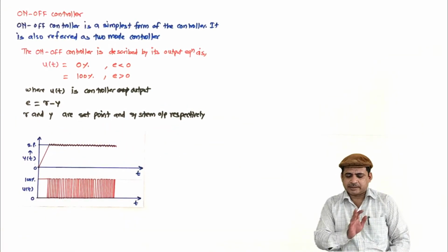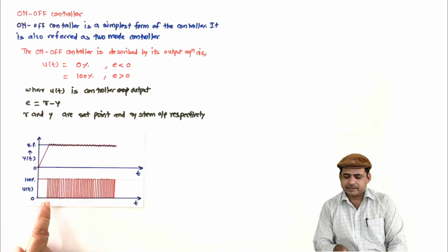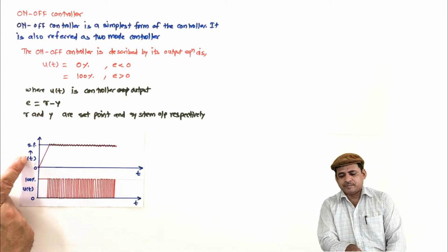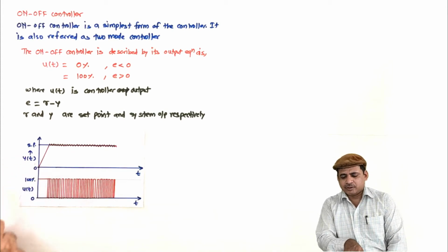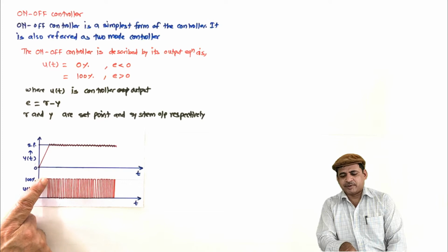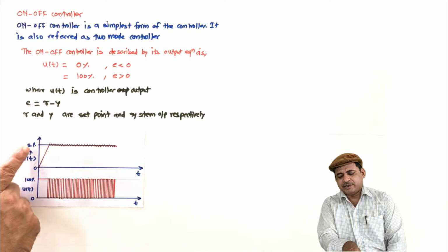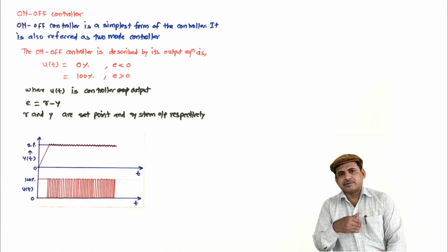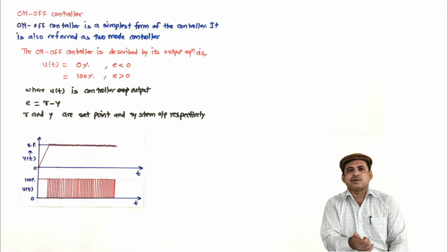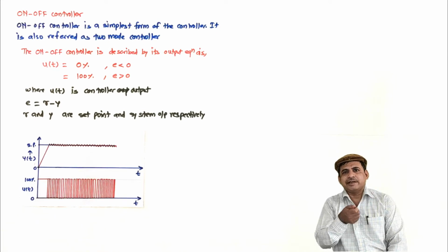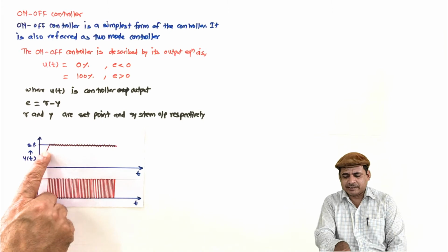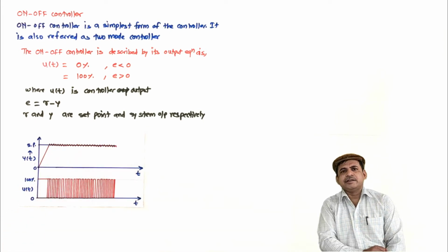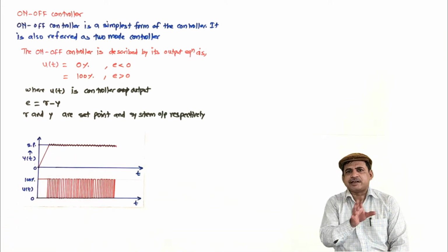So this is the characteristic of the on-off controller, and you can see this is the output Y(t). Initially when the output is 0, the controller is on at 100% and the output rises, and when it cuts the set point, the error becomes negative and the controller becomes off. As the controller becomes off, the output falls, and again it cuts the set point. So this becomes excessive cycling, as shown in the output, and this is called chattering.